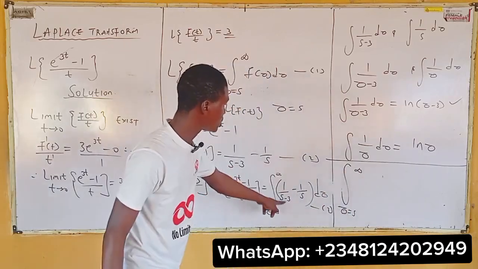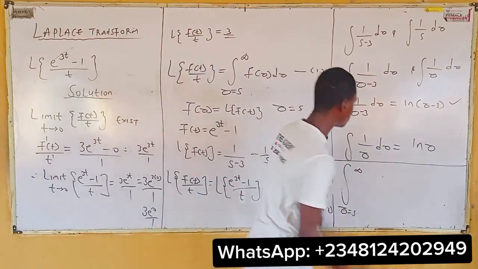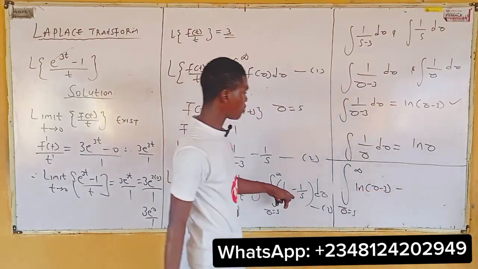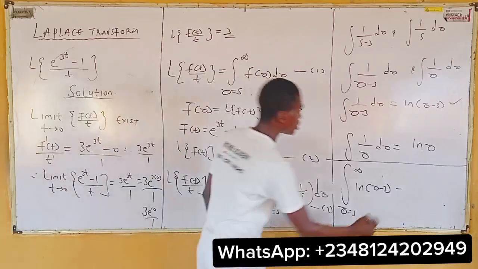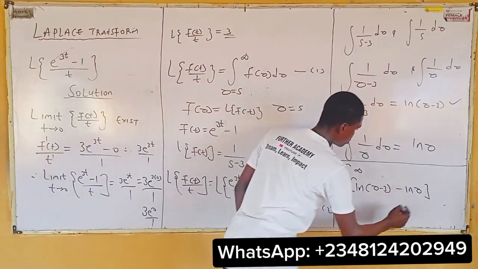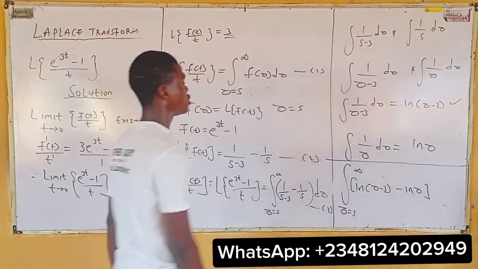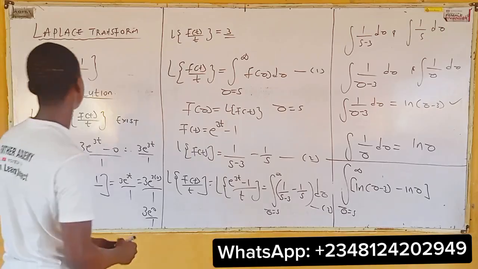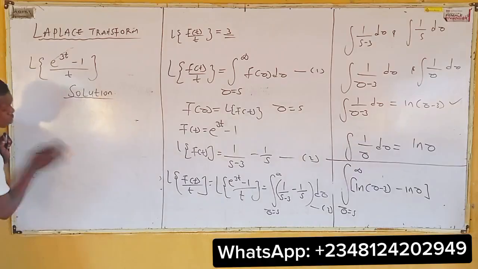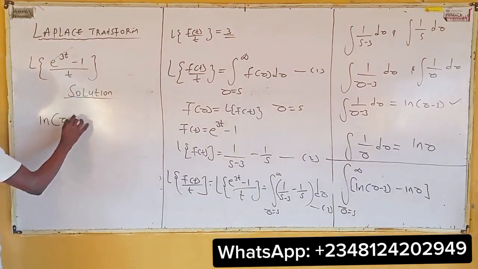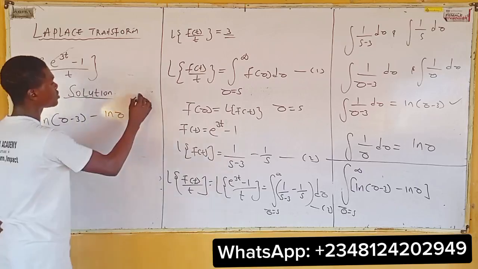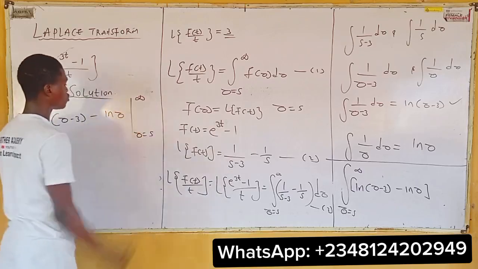We've integrated this already and got ln(sigma minus 3), minus, we've also integrated this and got ln sigma. Substitute your lower and upper limit. We have ln(sigma minus 3) minus ln sigma, with limits infinity and sigma equals x.